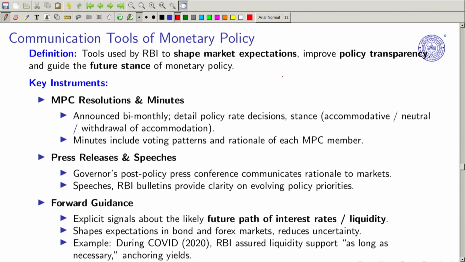Over the years, as I mentioned in the last session, with the development of natural language processing, a lot of new things have come up in monetary policy analysis, and it is useful for commercial banking also. So these are some of the new topics that we'll be learning, and one of the important objectives is how we shape market expectations.